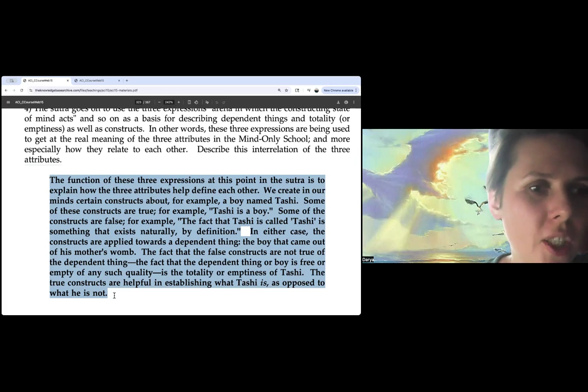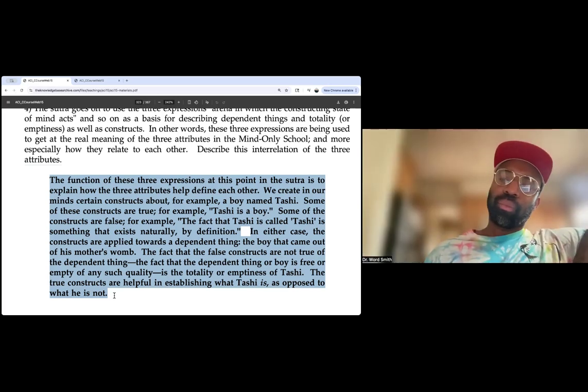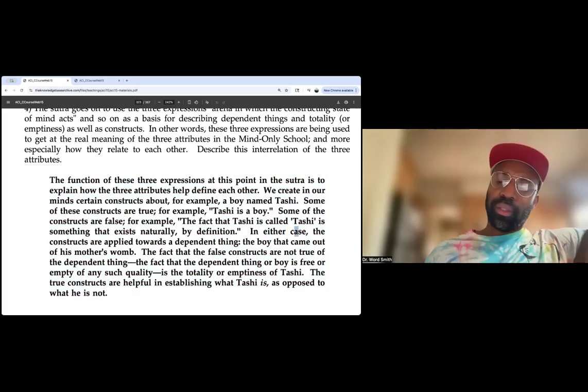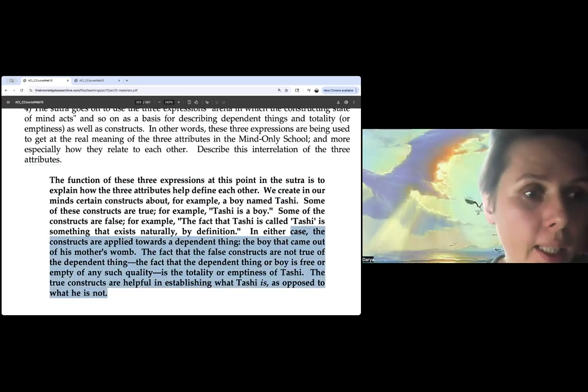For example, Tashi is a boy. Some of the constructs are false. For example, the fact that Tashi is called Tashi is something that exists naturally, by definition. In either case, the constructs are applied towards dependent things.